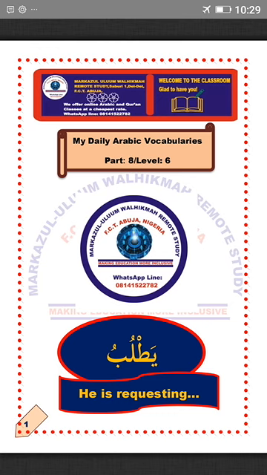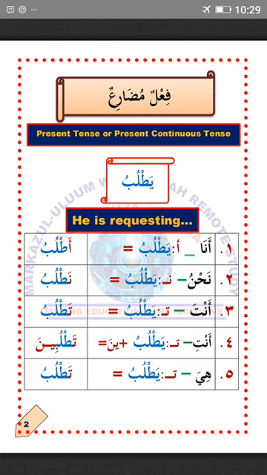Happy listening. We are going to learn from this lesson how to change the Arabic verb yatlubu to suit certain pronouns in Arabic. Fi'lun mudari, present tense. Fi'lun mudari, present continuous tense.